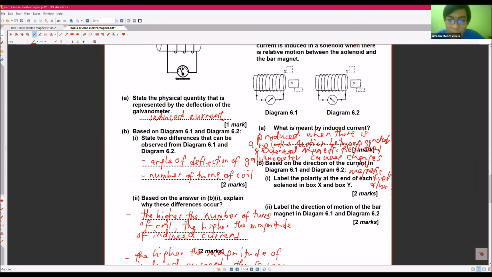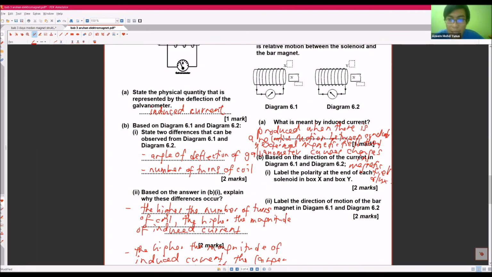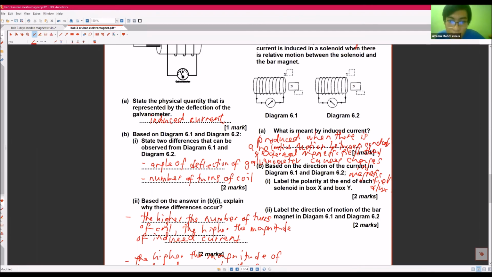Based on the direction of the current in diagram 6.1 and 6.2, label the polarity at the end of each solenoid in box X and box Y. This is the direction of the current from left to right, this is downwards, this is upwards.